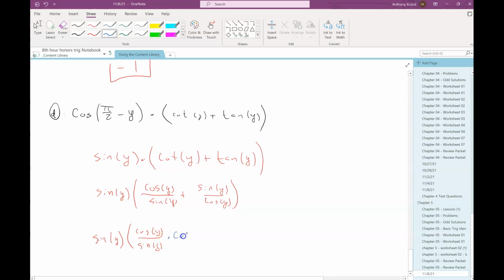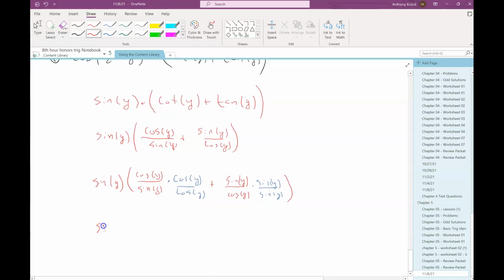So for this first fraction, we'll multiply the top and bottom by cosine. And the second fraction we'll multiply the top and bottom by sine. So don't forget about that sine out front.